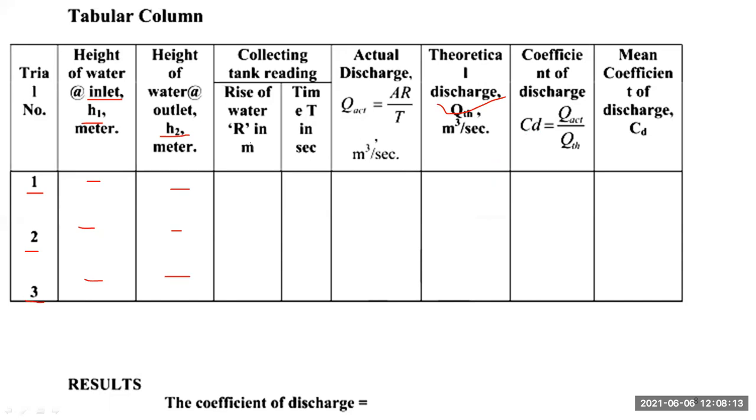After that, the collecting tank reading you're going to record is the rise of water, R, that is 10 centimeter, 0.1 meter, which remains the same for all the trials, and the time is going to be different for different trials.